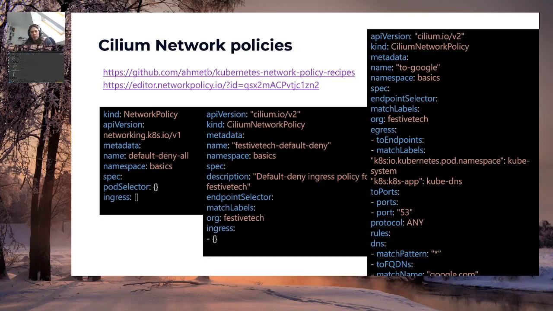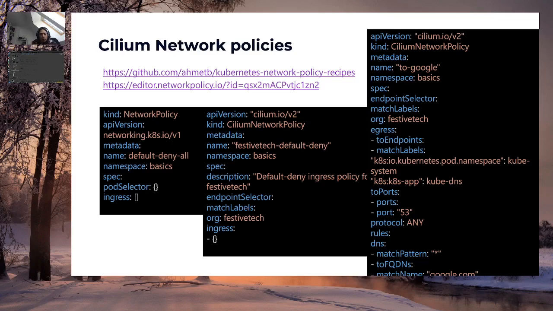I want to discuss a bit about the Cilium network policy and then Hubble. Cilium network policies are CRDs, custom resource definitions, that bring some additional features compared to the classic network policy. You can see on the left side we have a classic network policy.